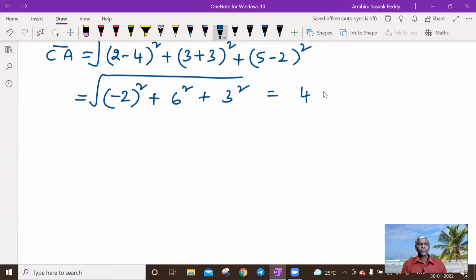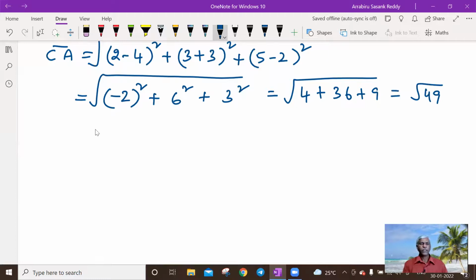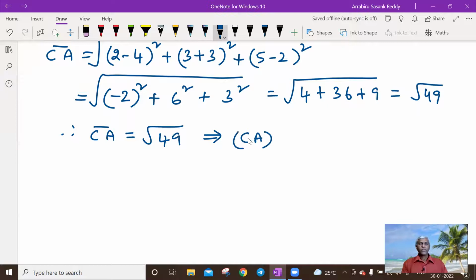Minus 2 square is 4, 6 square is 36, 3 square is 9. 36 plus 4 is 40, plus 9 is 49. Therefore the third side CA is root 49. If you square on both sides, CA square is 49. This is the third side.